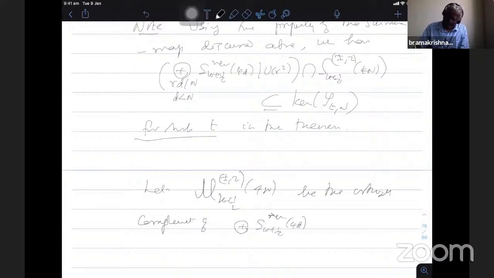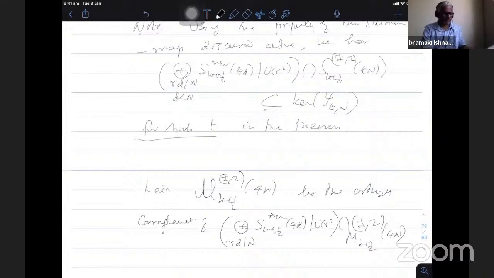Now I take all the new forms for D less than N, also intersected with the plus/minus 2 M_{k+1/2}(4N). So I intersect the full modular form space with this one, and then take the orthogonal complement.